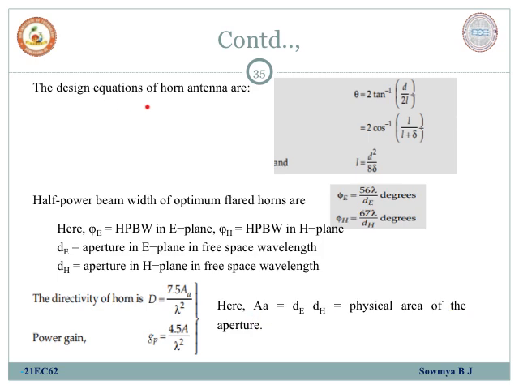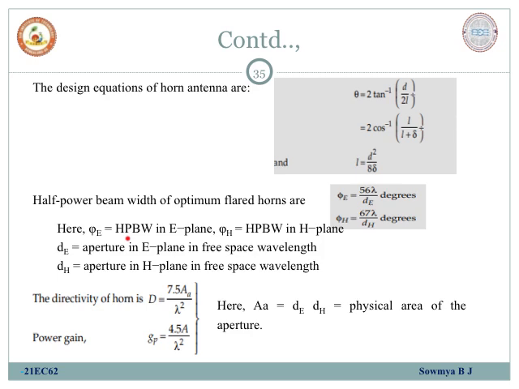I repeat the design equations of the horn antenna. Theta is equal to 2 tan inverse of d by 2l, that is equal to 2 cos inverse of 1 by 1 plus tau, where L is equal to d square by 8 tau, and half power beamwidth of optimum flared horns are phi E equal to 66 lambda by dE degrees, and phi H equal to 67 lambda by dH degrees.